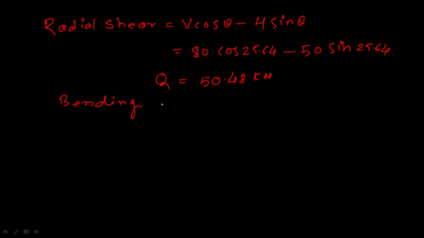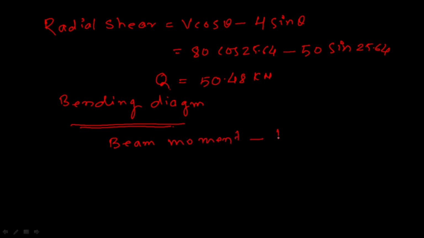The next is the bending moment diagram. We know that everywhere the bending moment is equal to the beam moment minus the H moment, or we can say the thrust moment.